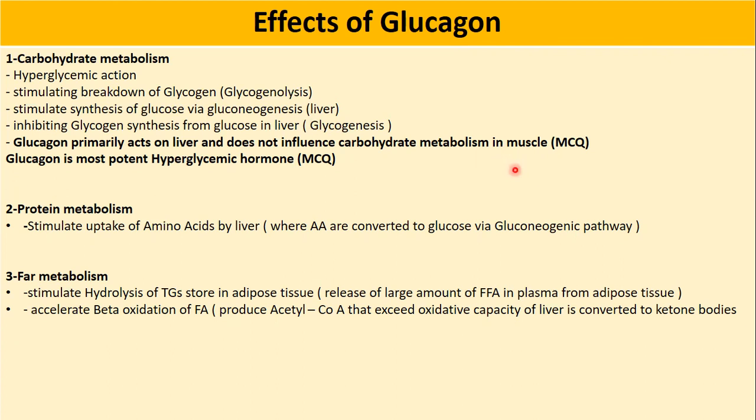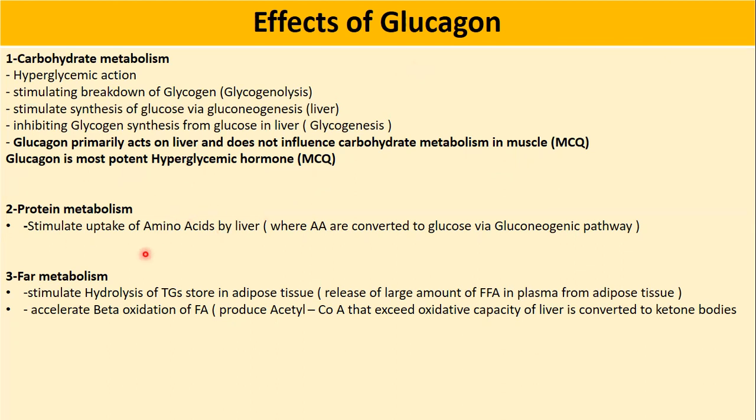So the examiner might ask whether glucagon only acts on liver and adipose tissue and not on our muscles, true or false? It is true. Glucagon is a potent hyperglycemic hormone. It is a direct MCQ which might come.